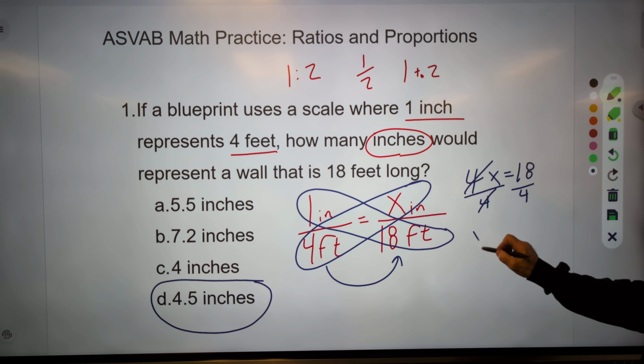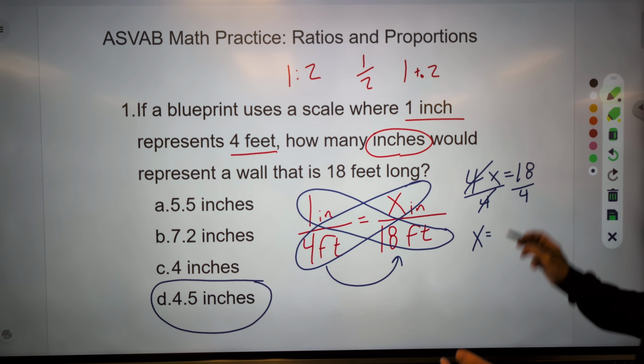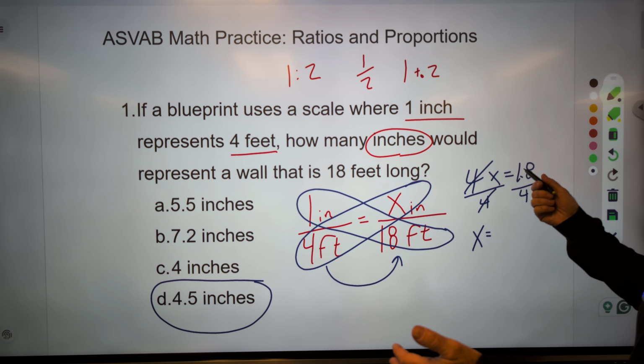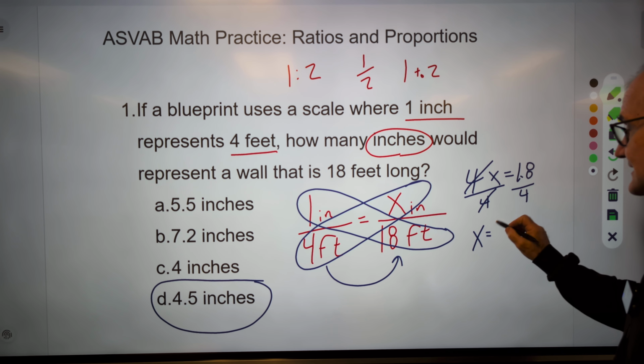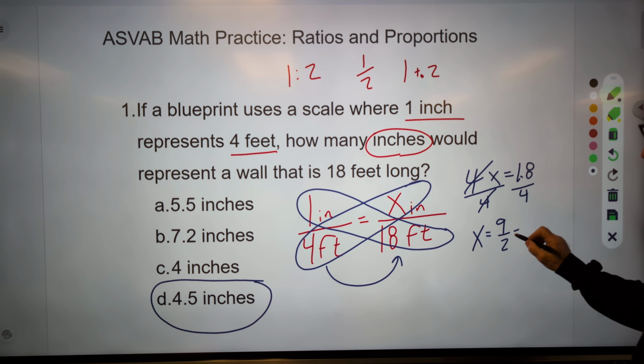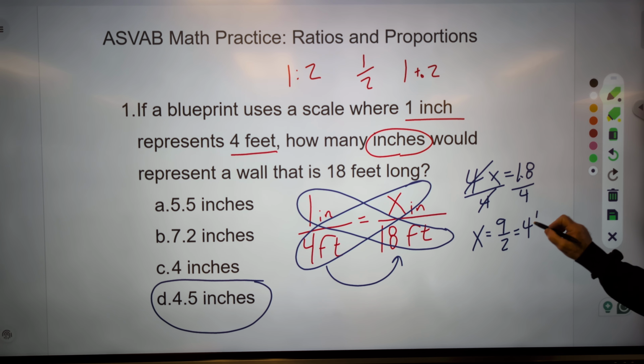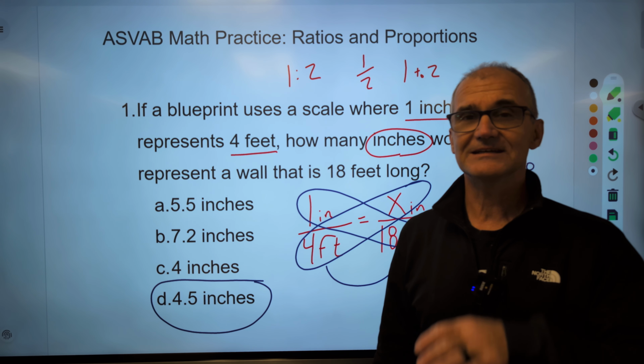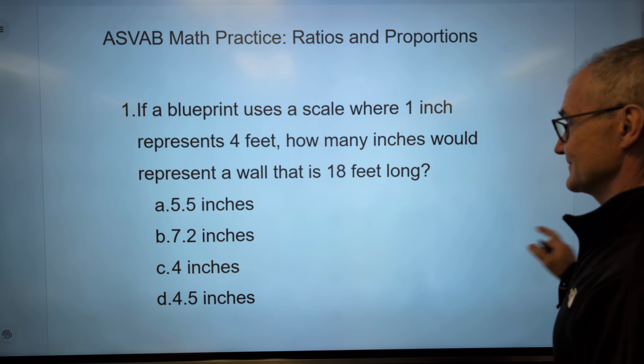That gives me X by itself. 18 over 4 is the answer, but not the finished answer. I could divide both the top and bottom by 2 to get 9 over 2, which is equal to 4.5, since 2 goes into 9 4 times with 1 left over. Correct answer, answer D right there.